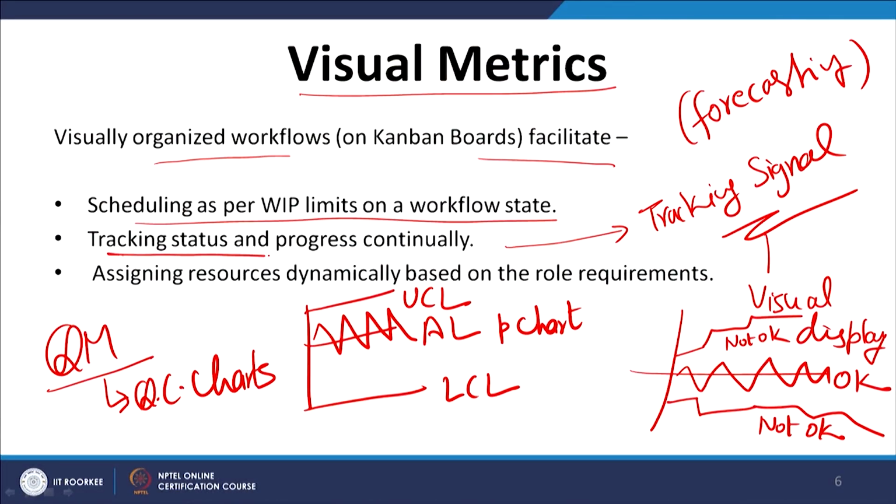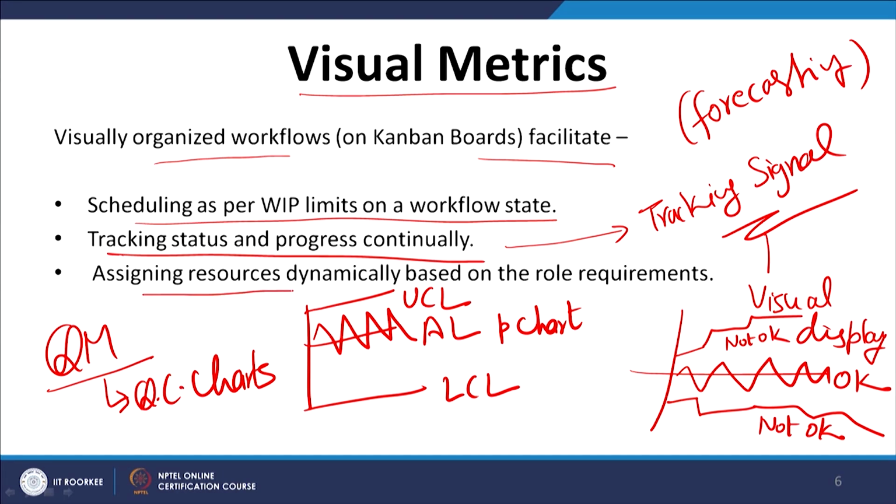But if these values are not random, if they show some type of trend, or if values are random but consistently come beyond UCL or beyond LCL, then again it is a matter of concern why it is happening, and then you need to go to that question of why, the 5 whys. So, it is a very useful tool for tracking the performance of your system.